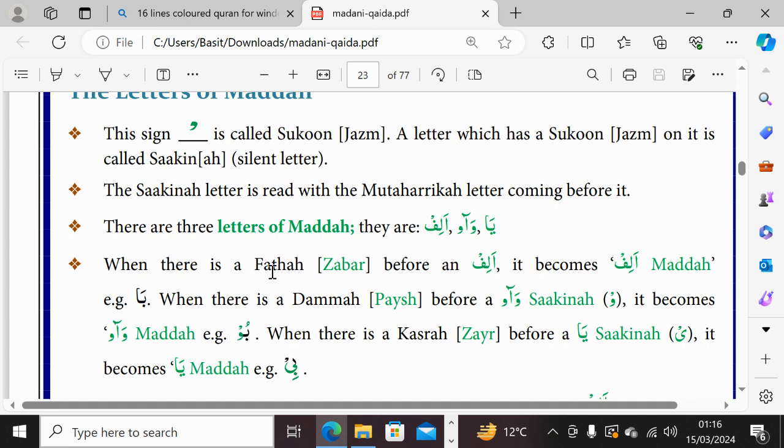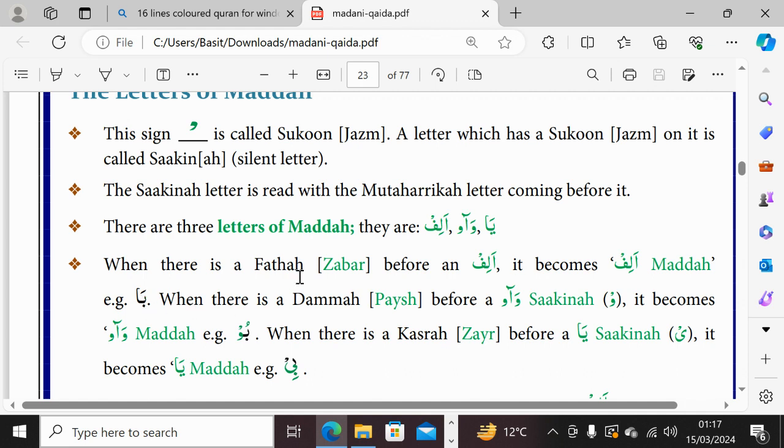Whatever the letter is, we are not concerned with that. The concept is that when there is a zabar before an alif, it becomes alif madda.